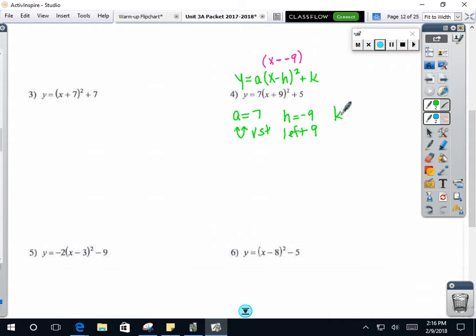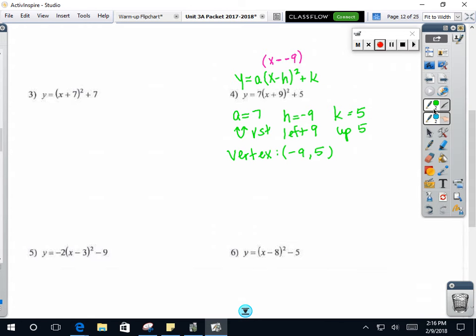And then the k is 5, which will move it up 5. So, if your entire graph, including its vertex, moves left 9 up 5, what is the vertex's location? Correct, which is your h and your k value. The vertex is just your h and your k.